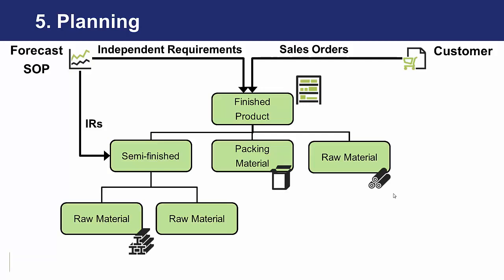Once the sales orders and independent requirements have been entered in the system, we can run the MPS, Master Production Schedule. This will create, when needed, dependent requirements in the next level. Once we have decided the finished products we want to manufacture, we can explode these requirements to the lowest level, running the MRP, Material Requirements Planning.